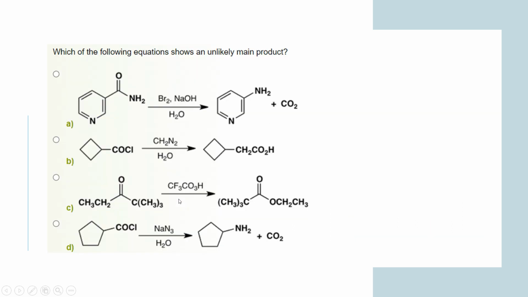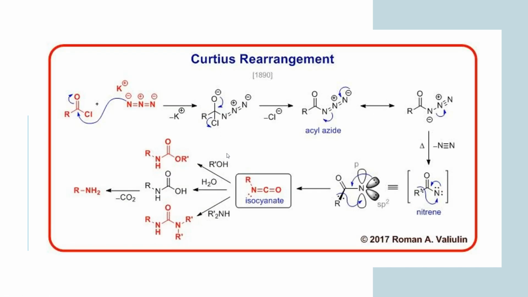Okay, so yes, in option B also, you are getting this acid as the product, but you must know that in this reaction you will not get isocyanate as major product, you will get a carbene as major product.